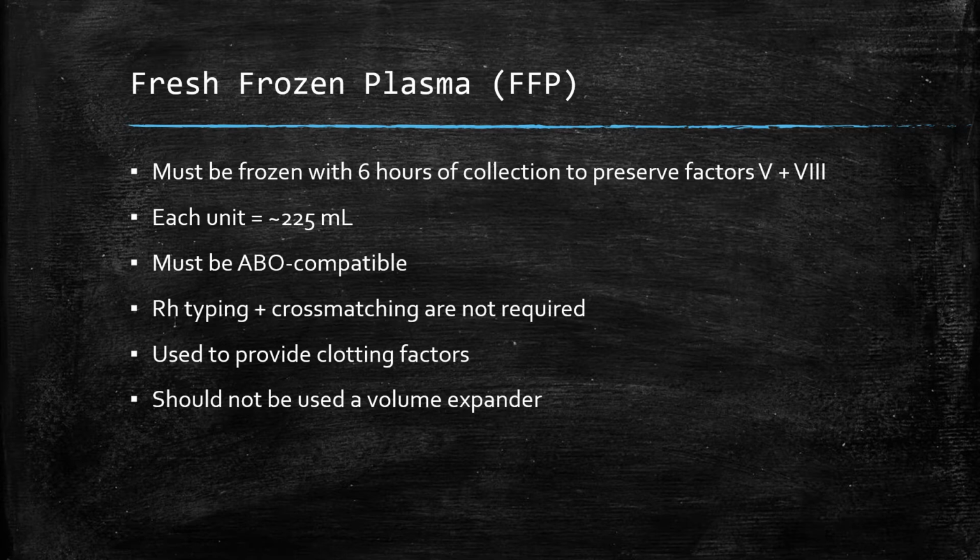ABO compatibility must be ensured, but Rh type and cross-matching is not required. FFP has one use case, and that's to provide clotting factors. It's tempting, but completely wrong, to use FFP as a volume expander.